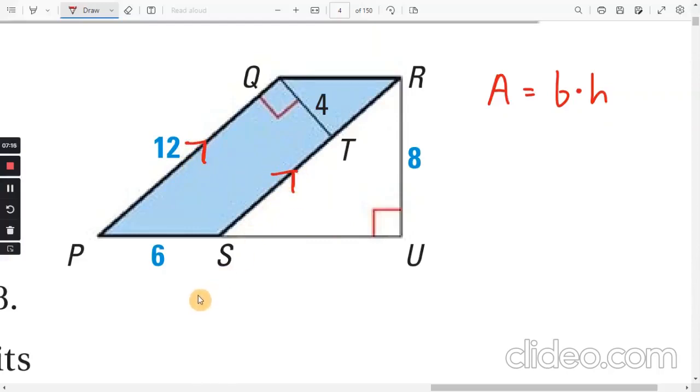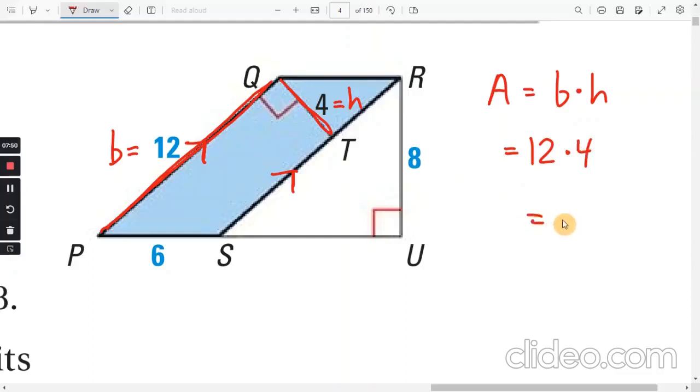Opposite sides of a parallelogram are congruent, so we only need one base. This right here I'm going to use as the base B, that's 12. And then the perpendicular distance between those two bases is the height, H. It's pretty simple. Base times height is just going to be 12 times 4.